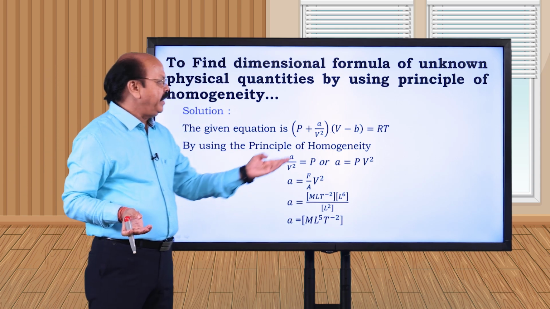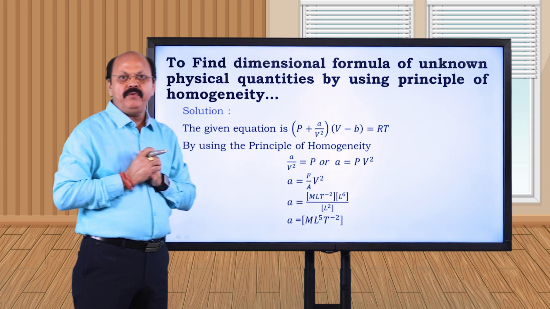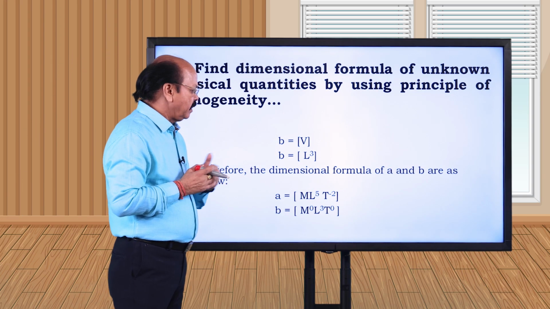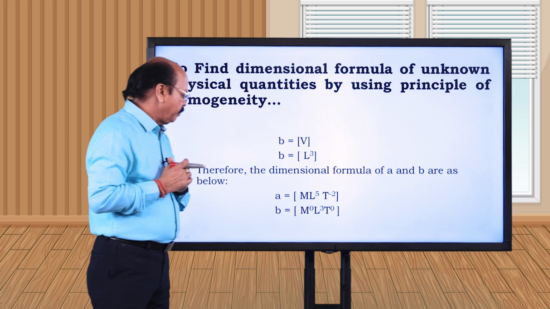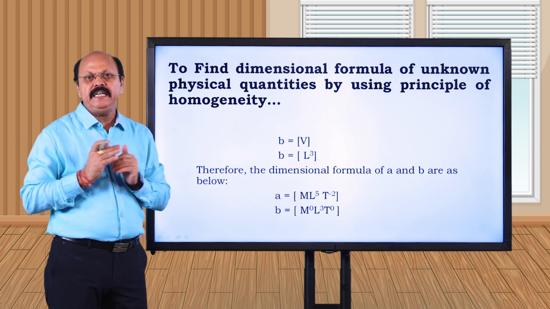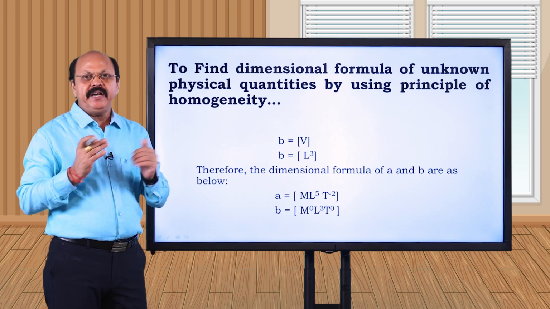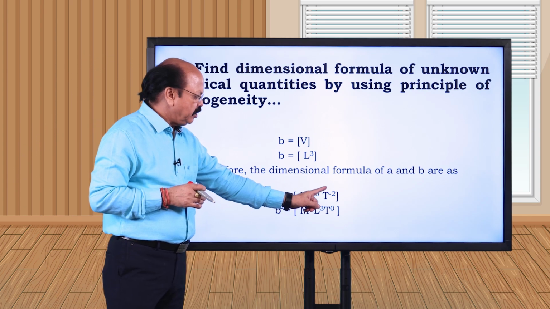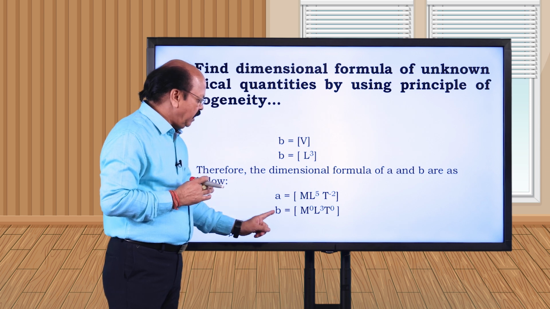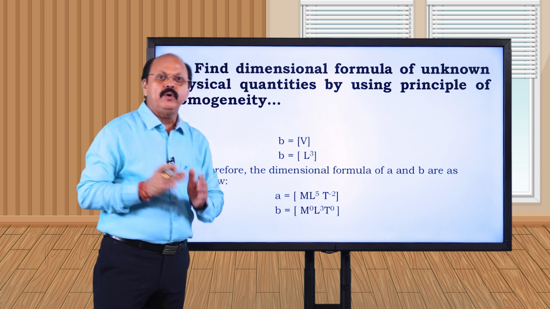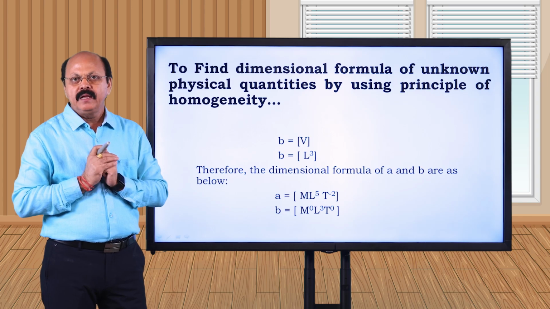Similarly, we can find the dimensional formula for b. So, b equals volume, then b equals L cubed. Therefore, the dimensional formulas of unknown physical quantities a and b can be written as a equals [M L^5 T^-2]. Similarly, b equals [M^0 L^3 T^0].